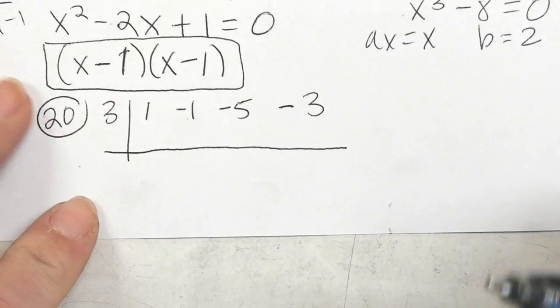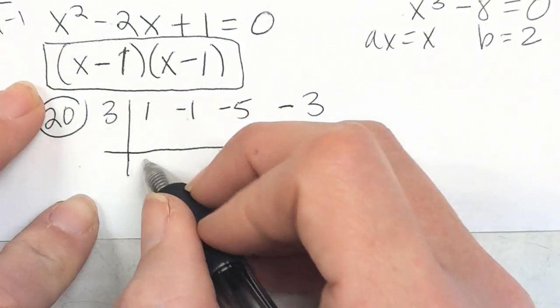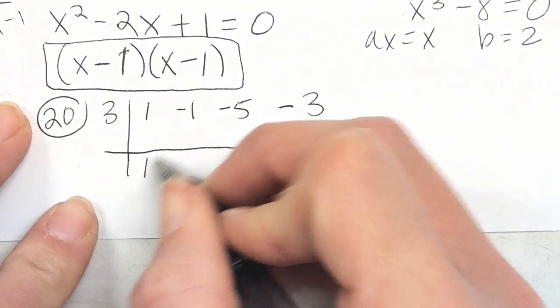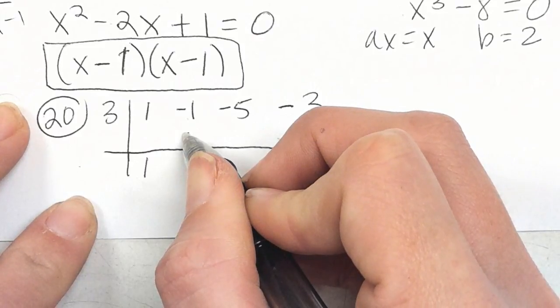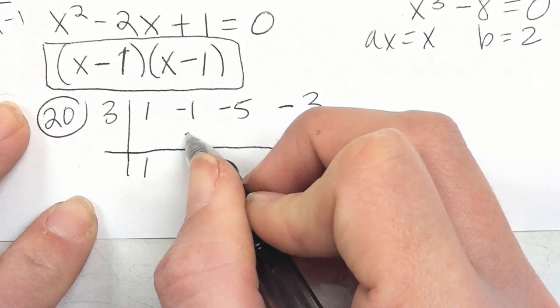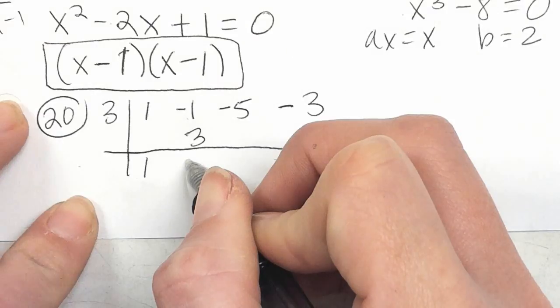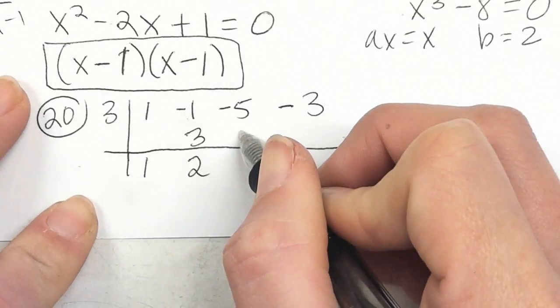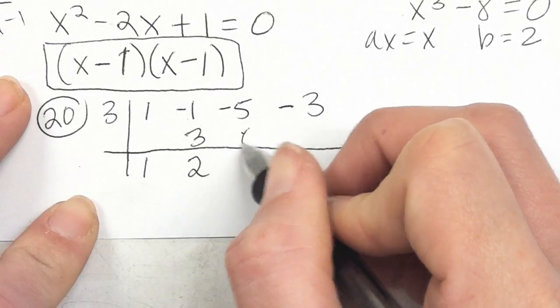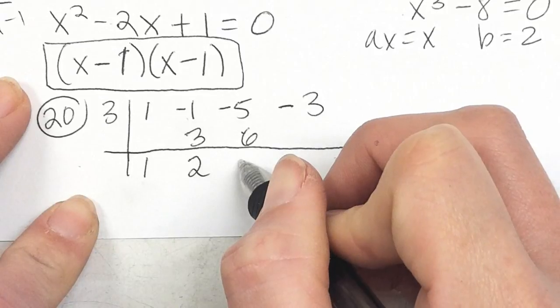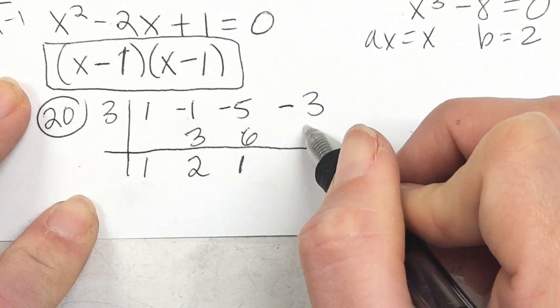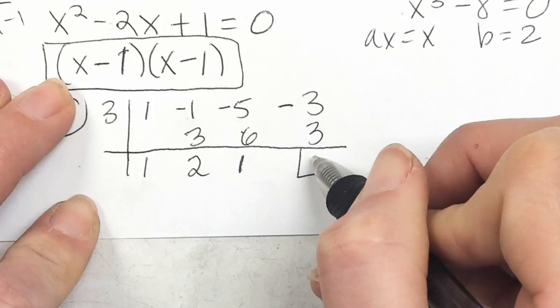Alright. Jackson, what goes right here? Bring down the 1. Eric, right here. -3. Good. John. 2. Zach. 6. Emma. 1. Good. Evelyn. 3. And Chloe.